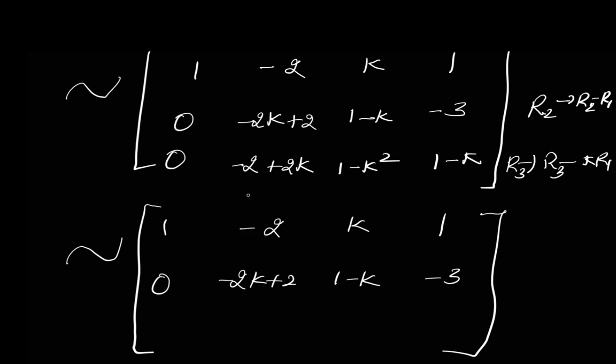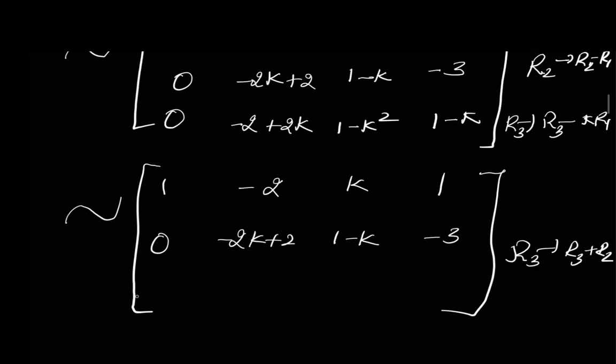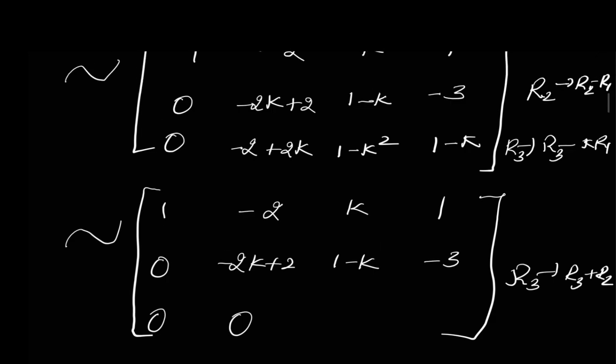And look at here, minus 2 plus 2k. You have to compare it with the previous one, which has the same terms. If you add, you will get 0. Minus 2k plus 2k is 0, minus 2 plus 2 is 0. So, our R3 is R3 plus R2. 0 plus 0 is 0, and this is automatically 0.